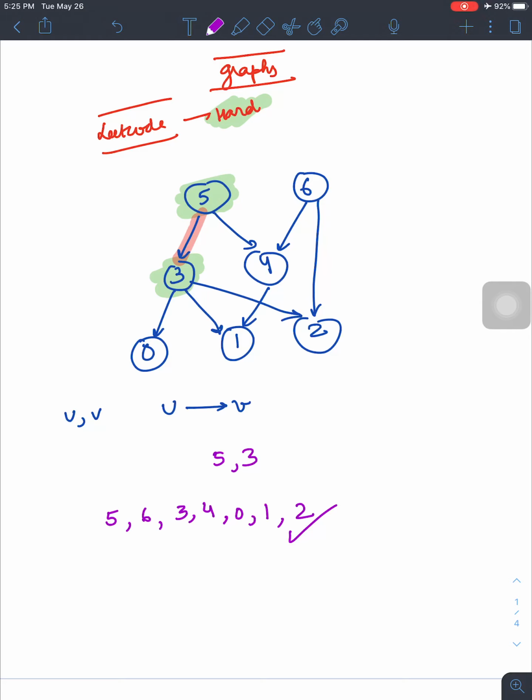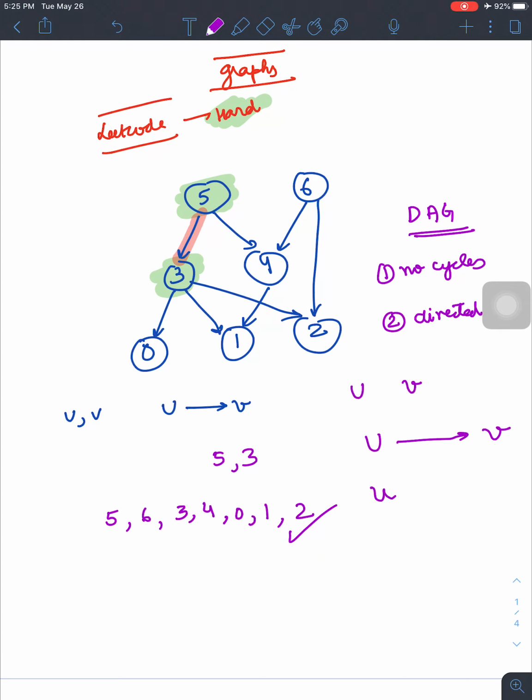Now there are a couple of things that you need to keep in mind. As you can see from the graph, this is a directed acyclic graph. What this means is that there are no cycles and it's directed. That means if there are two vertices u and v and there is an edge from u to v, then there can't be an edge from v to u. That's not acceptable.